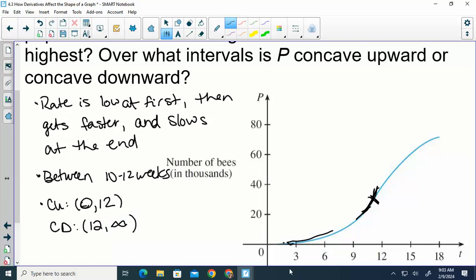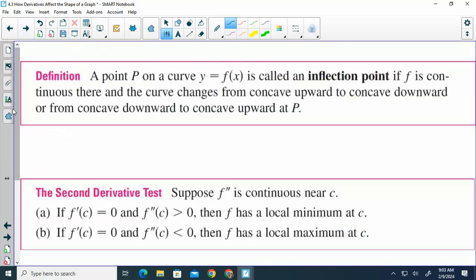And we don't really know when this ends. That point in the middle, like our 12, when we change from concave up to concave down, that is called an inflection point. So an inflection point is really just the critical point of the first derivative, but anywhere where you change concavity is an inflection point.